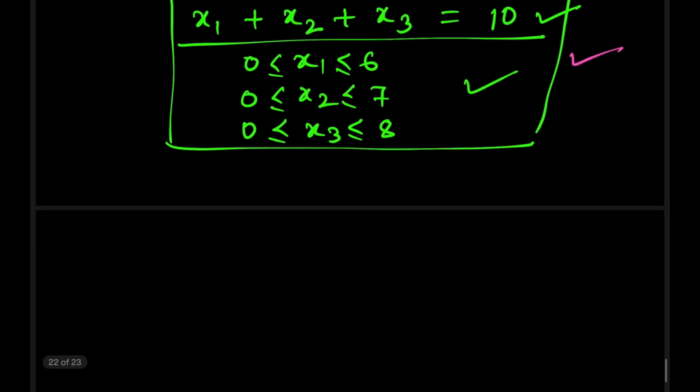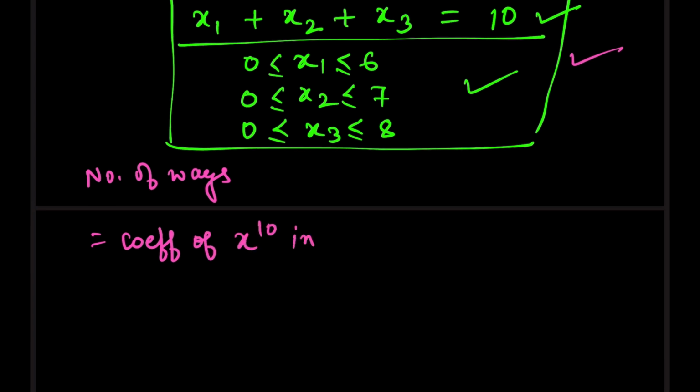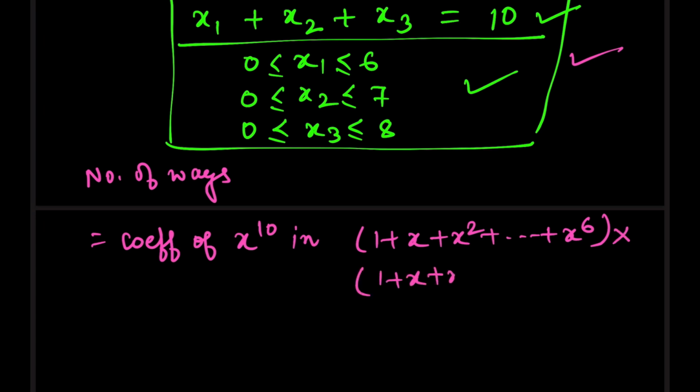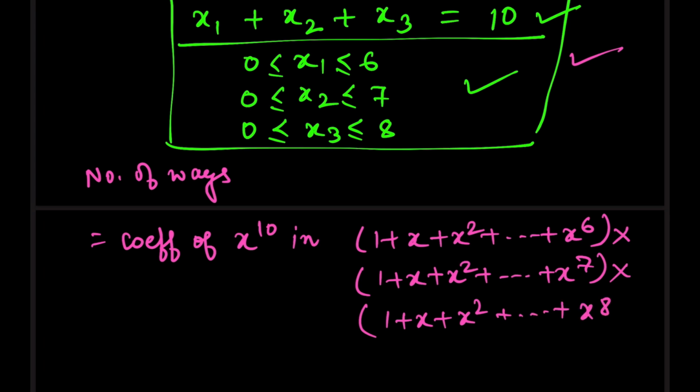So let's see. The number of ways of having such solutions is the coefficient of x to the power 10 in (1 + x + x² + so on till x⁶)(1 + x + x² + ... + x⁷)(1 + x + x² + ... till x⁸).